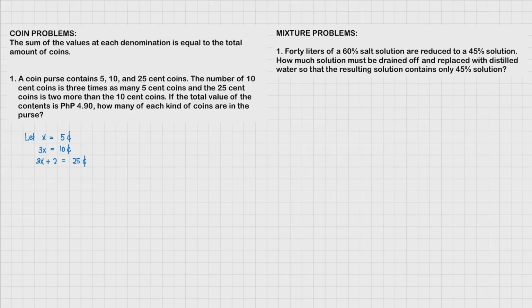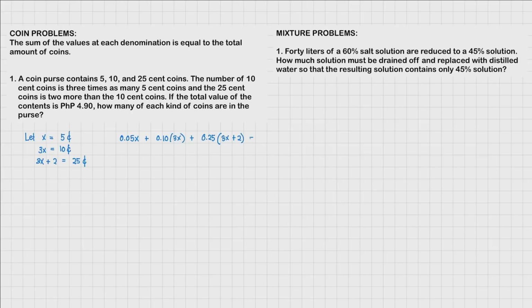So writing that down, we have 0.05, which is 5 cents, times the number of 5-cent coins, plus 0.10, the value of the 10-cent coin, times the amount of the 10-cent coin, which is 3x, plus the value of the 25-cent coin, which is 0.25, times the amount of the 25-cent coin, which is 3x plus 2.